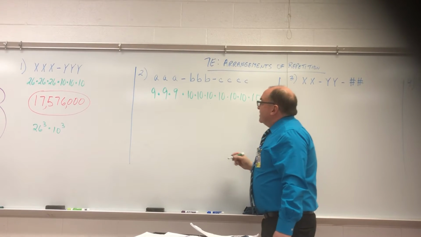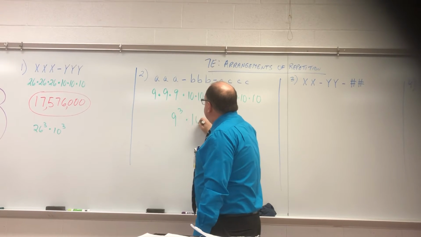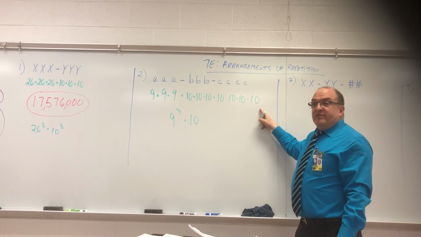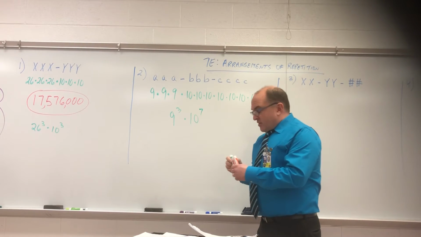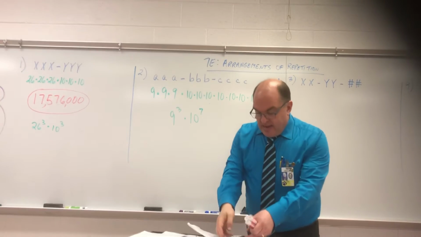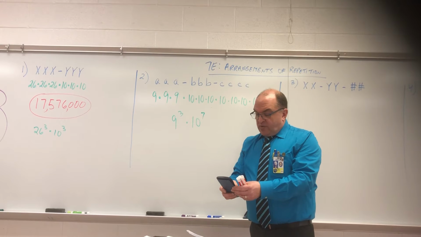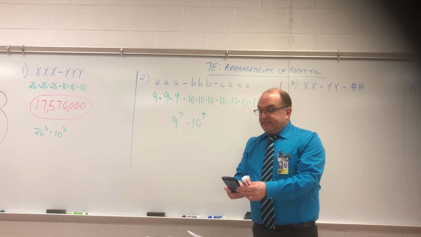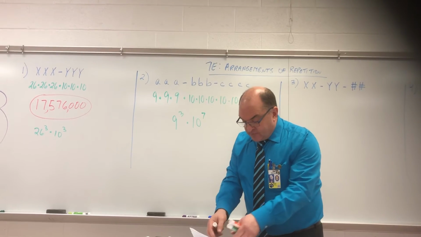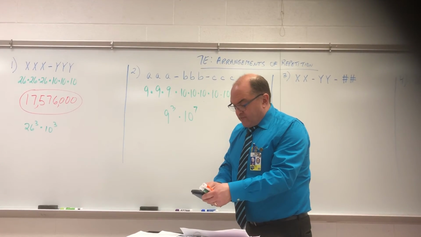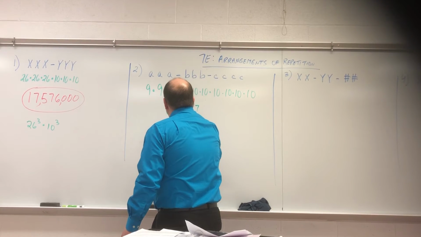Okay, so let's do 9 to the third power times 10 to the 7th power, which is a 1 with 7 zeros. So 9 to the third power times a 1 with 7 zeros gives me 729 and 7 zeros.